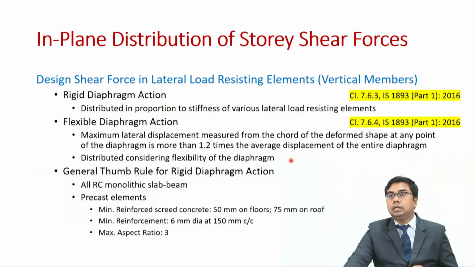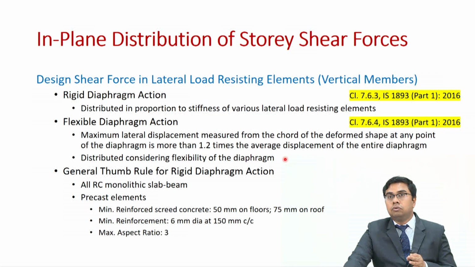IS 1893 part 1 2016 is silent about how you calculate the flexibility of the diaphragm, or in what proportion you then distribute the design shear force. But the point to mention over here is that a further revision of the code may involve the distribution in case of flexible diaphragm action as well.